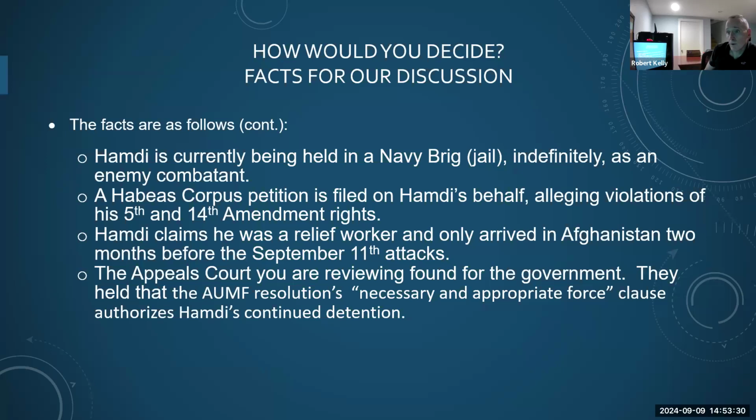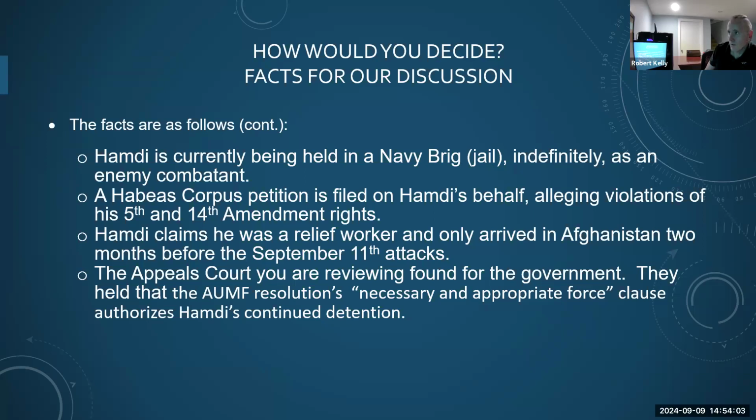Hamdi's claim in return, against the government's characterization of his presence and whereabouts on the battlefield, was that he was actually a relief worker and had only arrived 2 months before the September 11th attacks. So we are reviewing, as the United States Supreme Court, honorary here for the purpose of this class exercise, this appeals court.